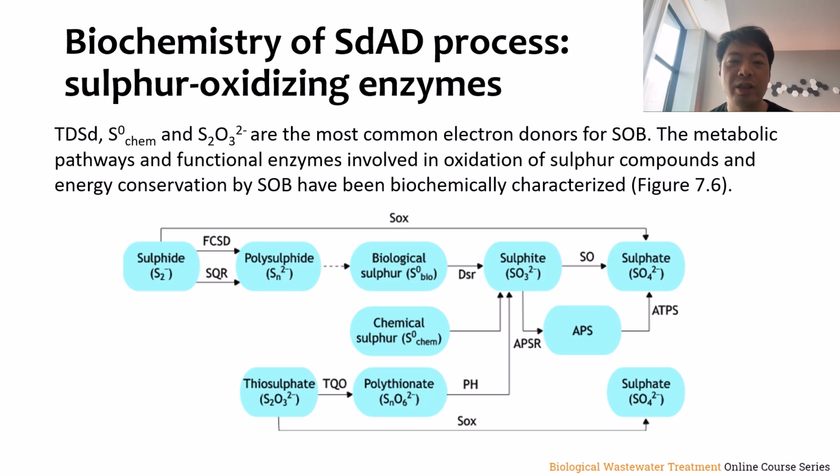So this is the SQR enzyme. An alternative enzyme, flavocytochrome c sulfide dehydrogenase, FCSD in short, operates similarly in the periplasm.